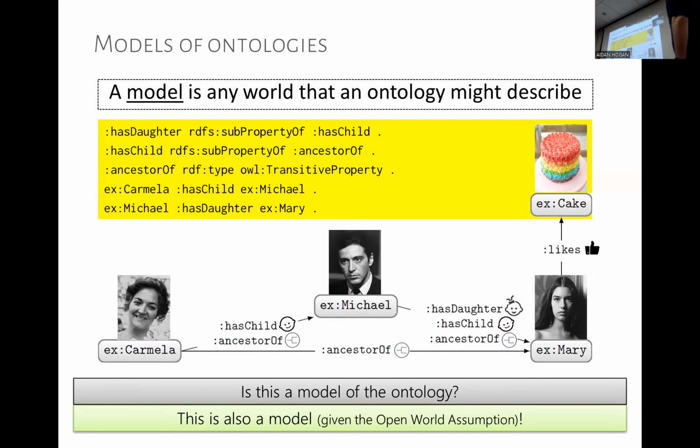So a model can have more things in it that are not captured or described by the ontology. In this case, we see that Mary likes cake. There's no problem. We can have more real world relations and entities not described by the ontology, so this would still serve as a model of the ontology.